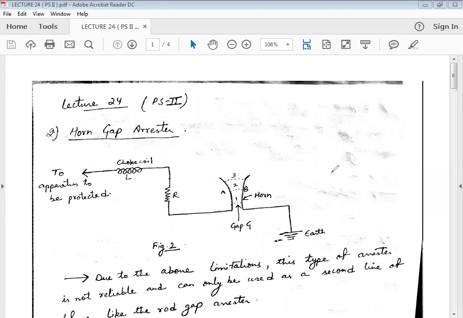So, in the previous lectures, we had started the discussion about various types of lightning arresters. Previously we discussed that lightning arresters are basically used to provide protection against the traveling waves which originate due to lightning stroke surges.